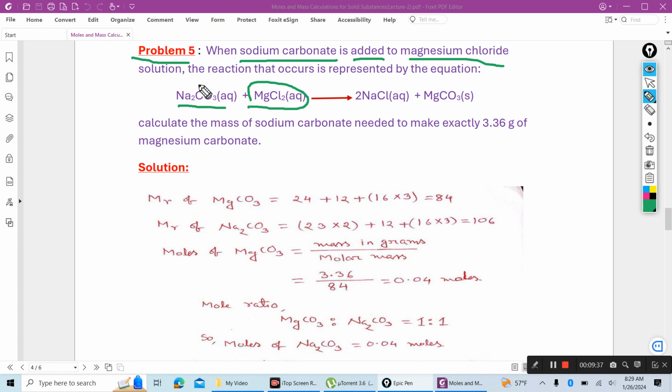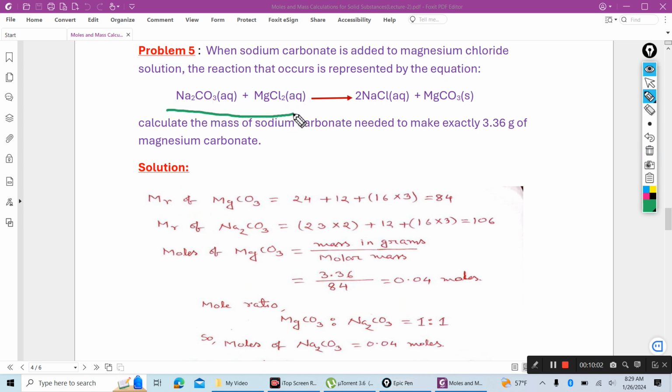Sodium carbonate reacts with magnesium chloride to produce sodium chloride plus magnesium carbonate.